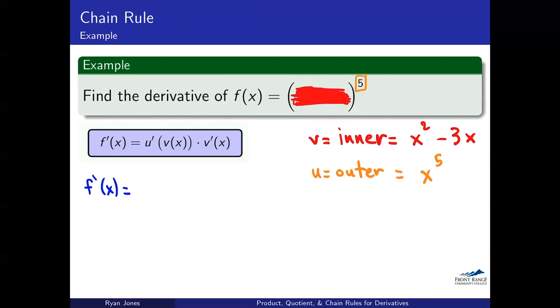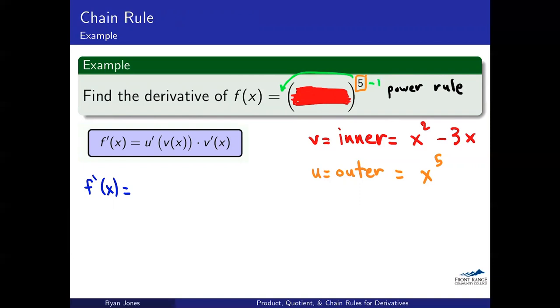So when I see this outer function, this blob raised to the fifth, I look at that and I go, hey, this is a great example of the power rule, because it's just something to the fifth, right? So what I'm going to do is drop that 5 down and subtract 1 from it right there.